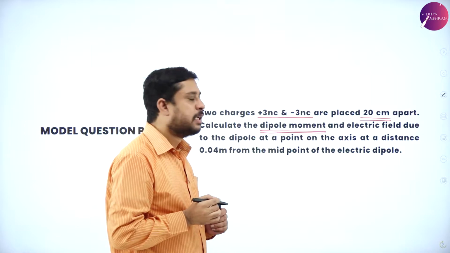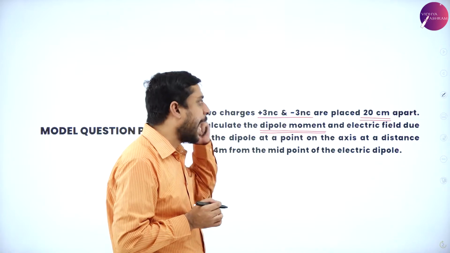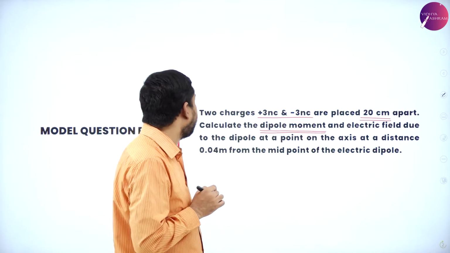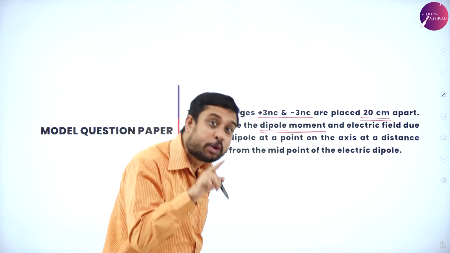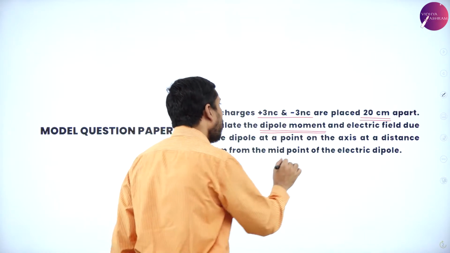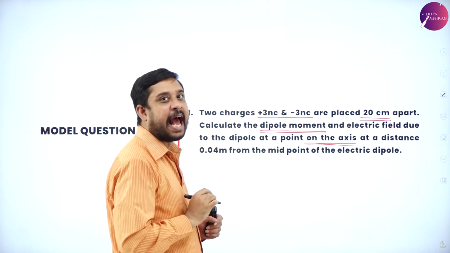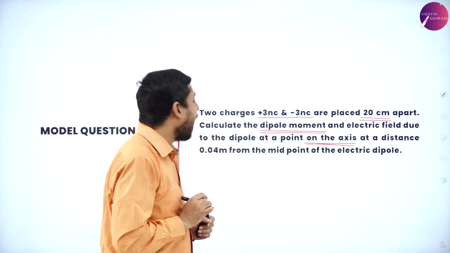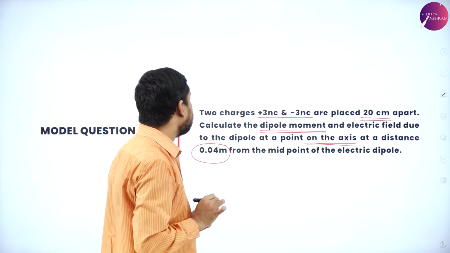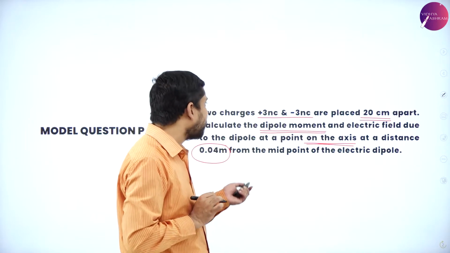So first, the dipole moment has to be calculated, and the electric field due to this dipole at a point on the axis at a distance 0.04 meter from the midpoint of the dipole.